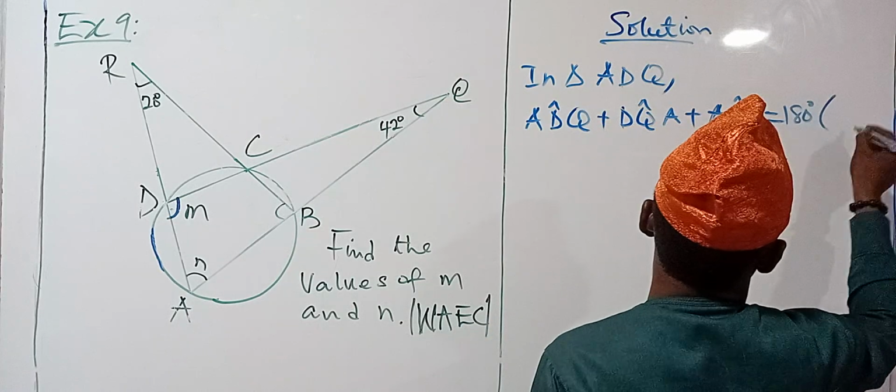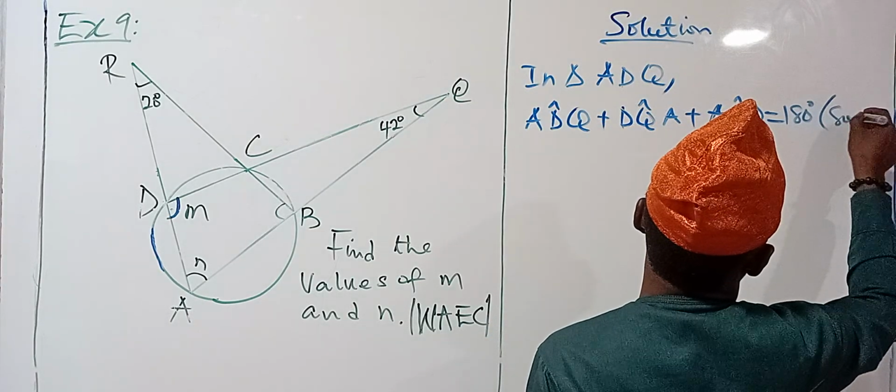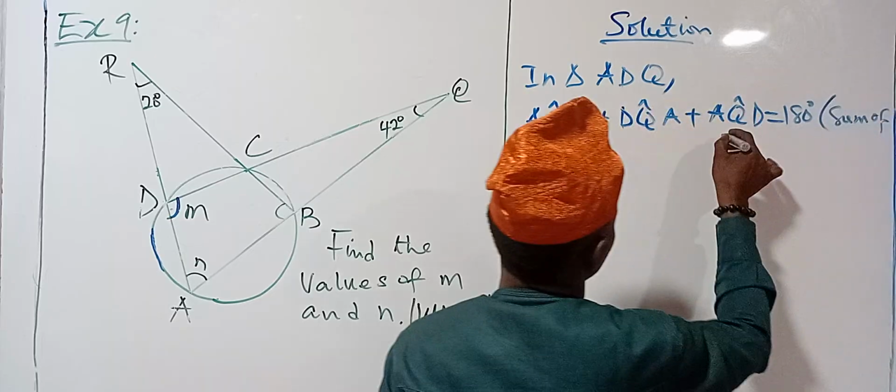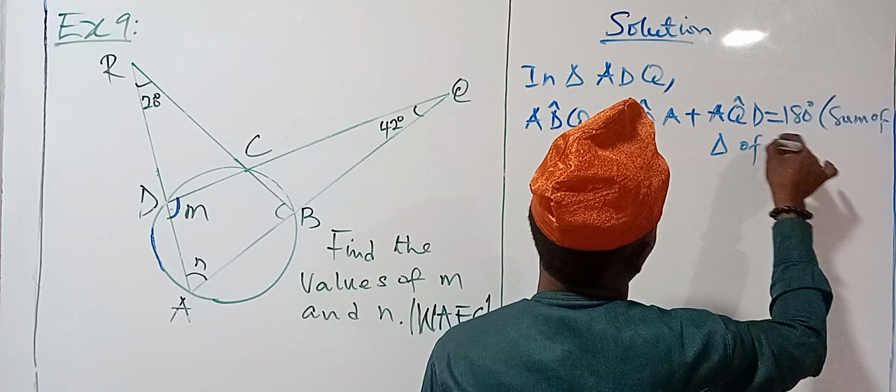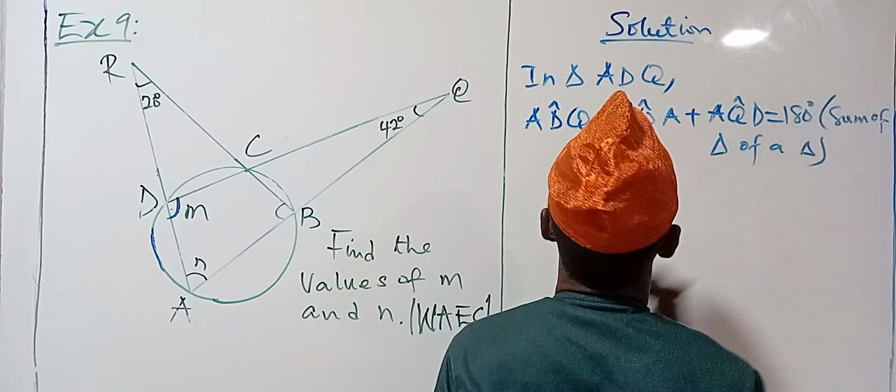The reason why it is 180 degrees is that it is the sum of angles of a triangle.